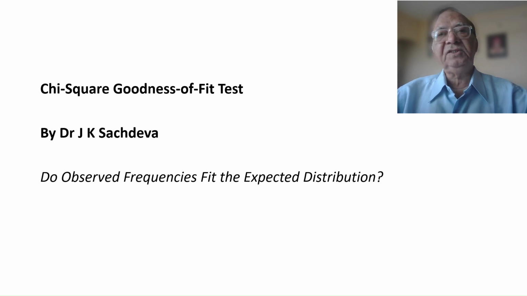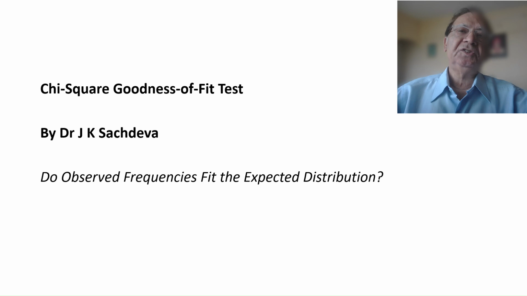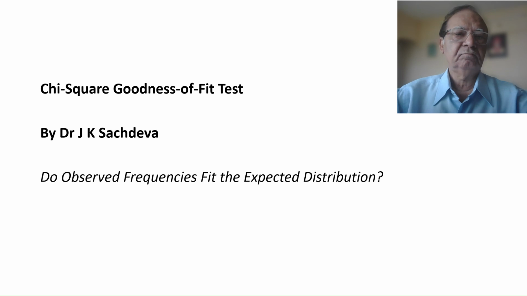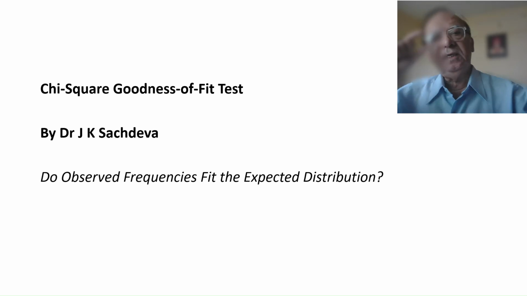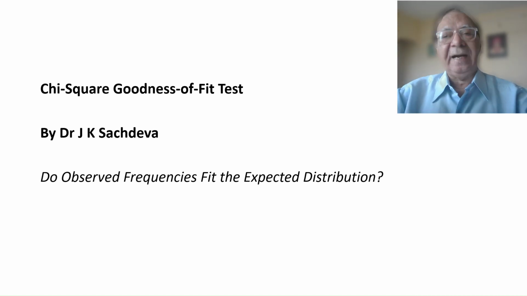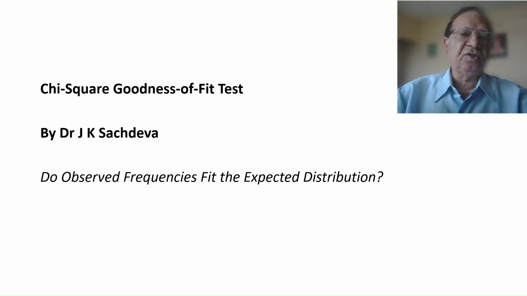In the previous video, we studied the chi-square test of independence, where we examined whether two categorical variables were associated. In this video, we will study another important application of chi-square, the chi-square goodness of fit test.